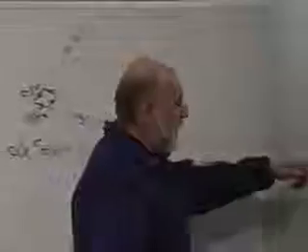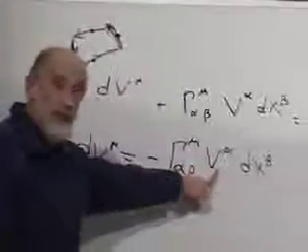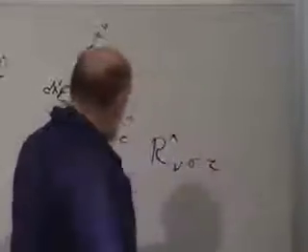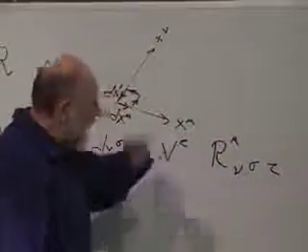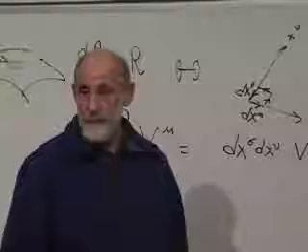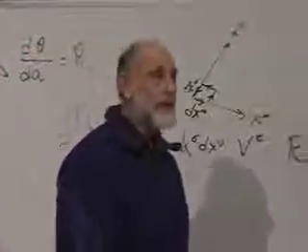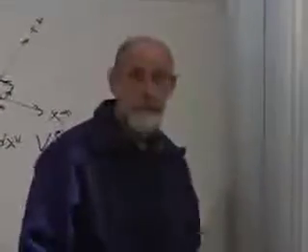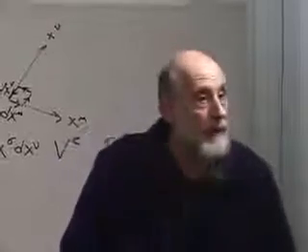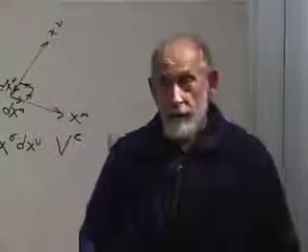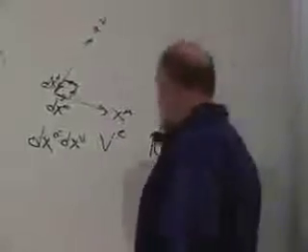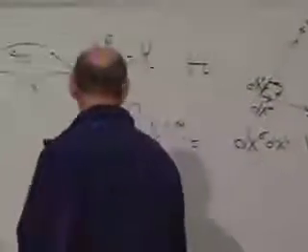The change in V will always be proportional to V itself. So even when you go around the closed loop, it's going to be proportional to V itself. And what would you expect R to be made out of? From what I just told you, the derivatives of the Christoffel symbol. The derivatives of the Christoffel symbol are going to enter into R.